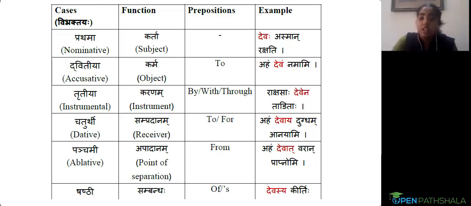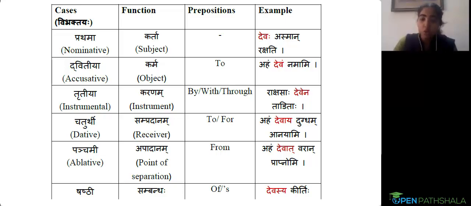Let's see an example. Devaha asman rakshati. Okay, this is your sentence. Devaha, God, asman, to us, rakshati, protects. So God protects us.